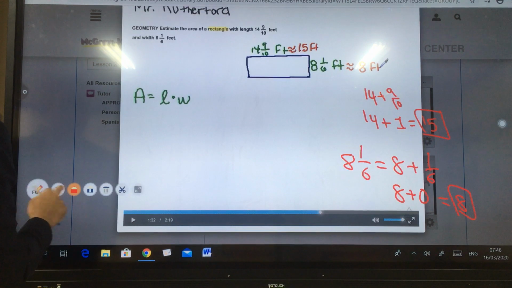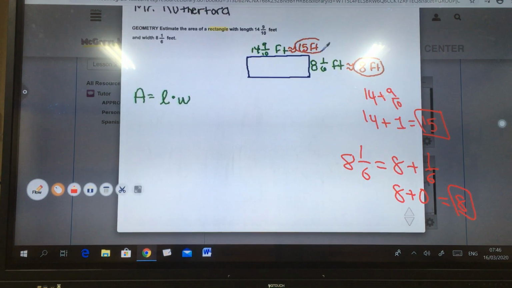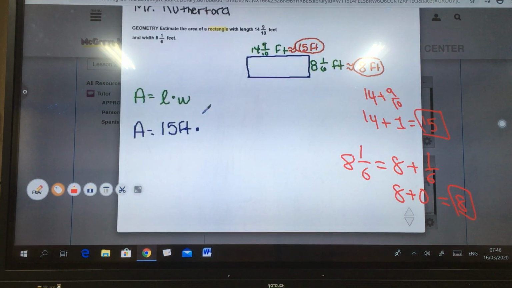Okay. So let's substitute 8 feet and 15 feet into our formula. So we have area of our rectangle is equal to our length, which in this case we've estimated as 15 feet, multiplied by our width, which we've estimated as 8 feet.